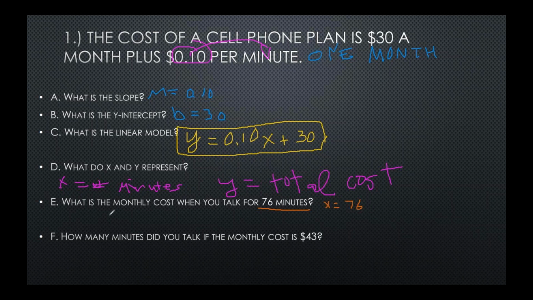And we use our model, Y equals 0.10, 10 cents, times 76 plus 30. You just have to make sure you use your order of operations. Remember that you always multiply before you add. And so if you talk for 76 minutes, what is the total cost?